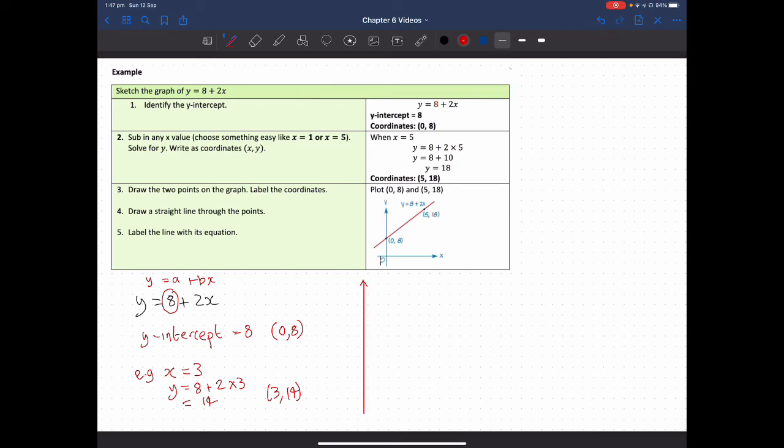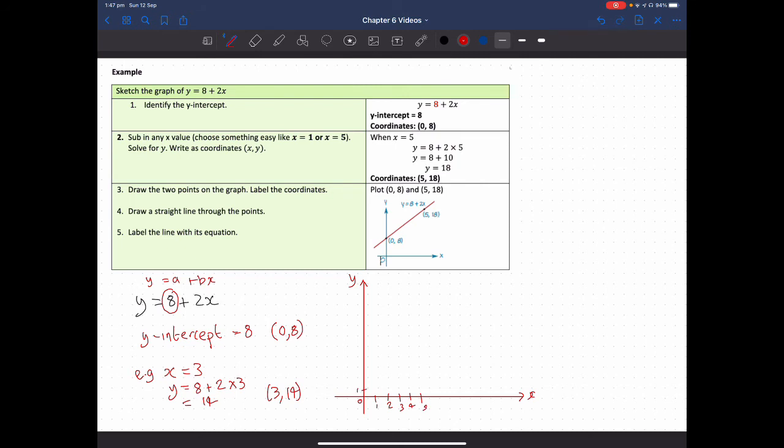I would rule up my axes. x is horizontal, y is vertical. 0, 1, 2, 3, 4, 5.